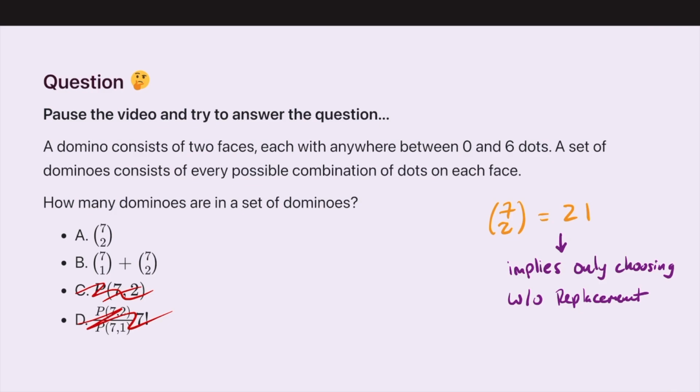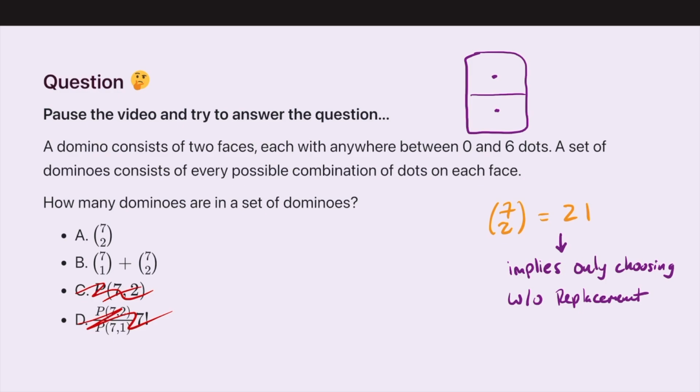And that's okay, but remember that with dominoes, we have the chance for doubles, because a domino can have 1 and 1, and so on and so forth. So we need to account for those possible duplicates. In order to do that, we need to use the 7 choose 1 here.